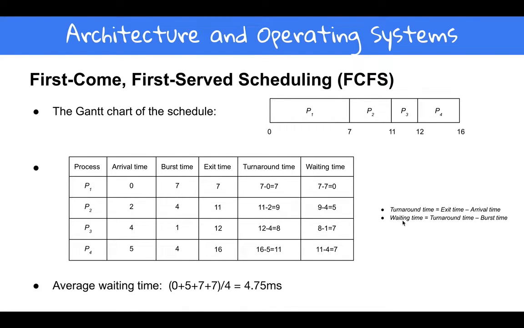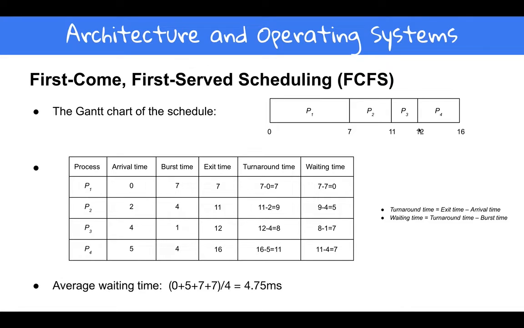So these formulas are quite helpful. And 8 minus 1, which is 7. Here, the waiting time for the third one. And the last one, 11 minus 4, which is the waiting time for P4, which is 7 seconds.